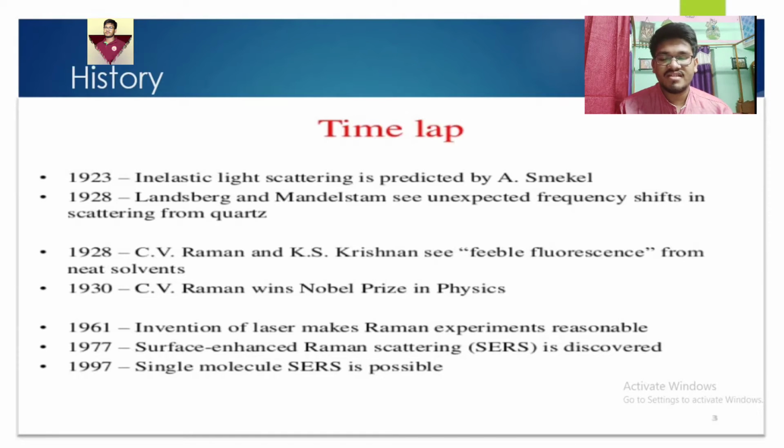Then 1961, 1977 and 1997, all these developments happened. The invention of the laser made Raman experiments reasonably good, and today's Raman spectroscopes are very powerful to probe into heterostructures and to identify molecules through the Raman shift. It has many more applications, and over time it has been developed to give the best performance.